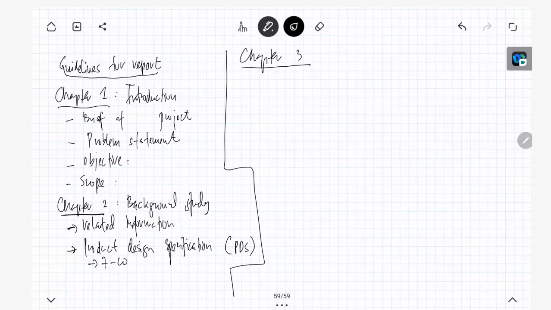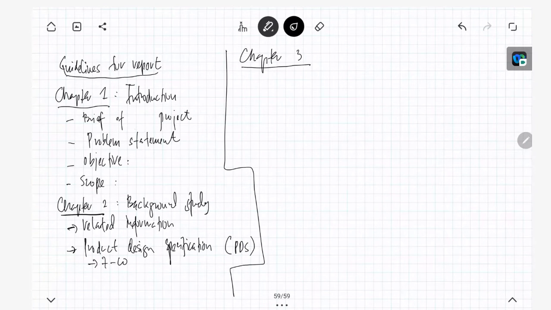After evaluating using the metrics, you get the chosen concept. That chosen concept will be developed, and after developing it, you have the final concept. Once you have the final concept, then you do your analysis.